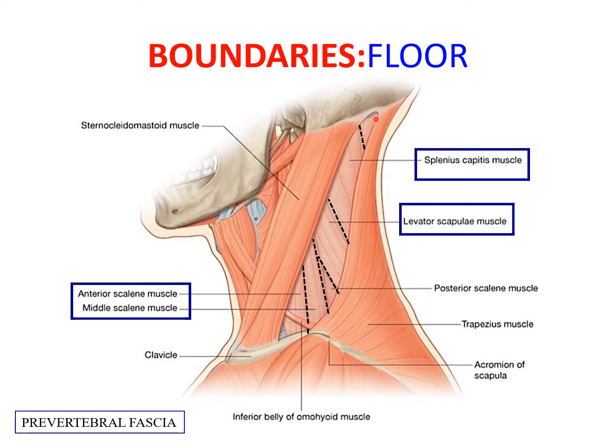Occasionally, semispinalis capitis may appear near the apex of the posterior triangle. So, the floor of the posterior triangle is formed by prevertebral fascia covering from above downwards the splenius capitis, levator scapulae, anterior scalene and the middle scalene muscles.